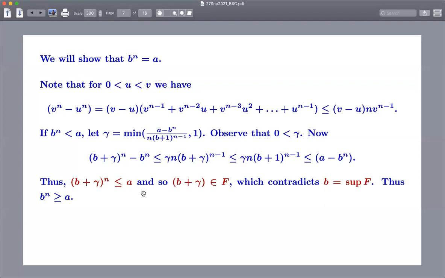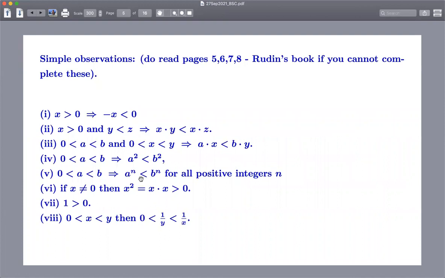I think why I'm spending so much time here, I could have just said read from Rudin's book, but that's not the point. Some things I will tell you to just read, like I said, that these properties are easy enough to deduce, and if you have difficulty, talk to each other or read from the book. Okay, they are fairly simple.